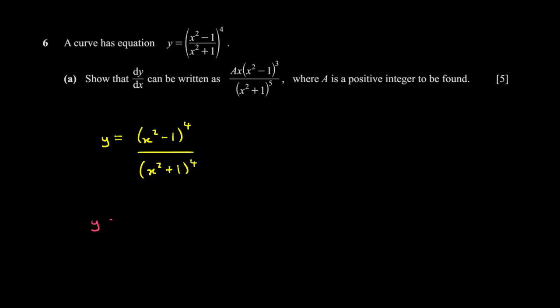If you've got a function y equal to u divided by v, where u and v are both functions of x, then dy/dx is equal to v times du/dx minus u times dv/dx, all over v squared. So in this particular case, my u is the thing on top, and my v is the thing on the bottom.